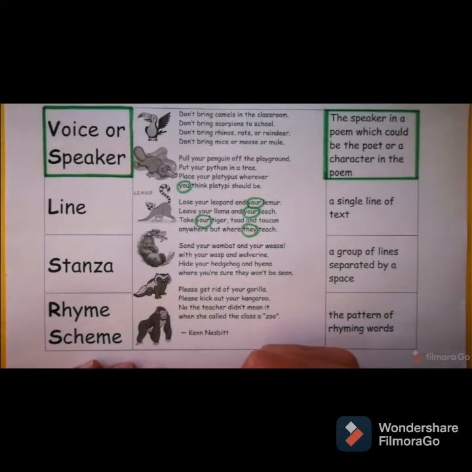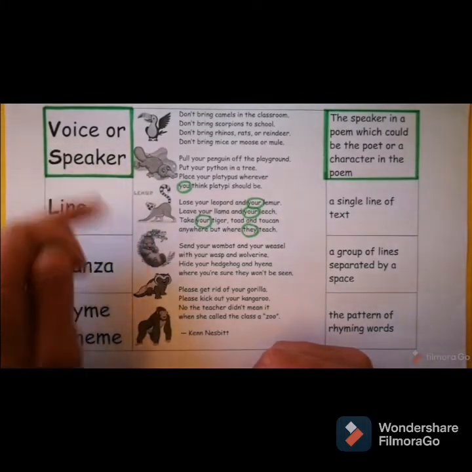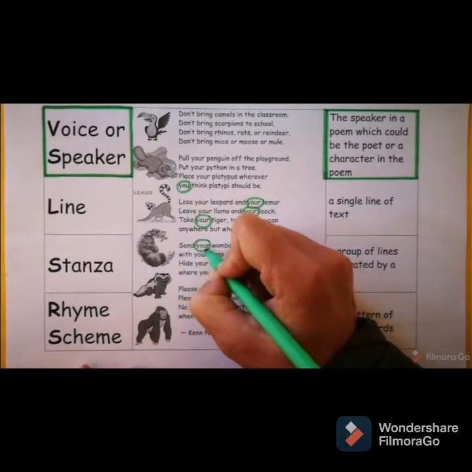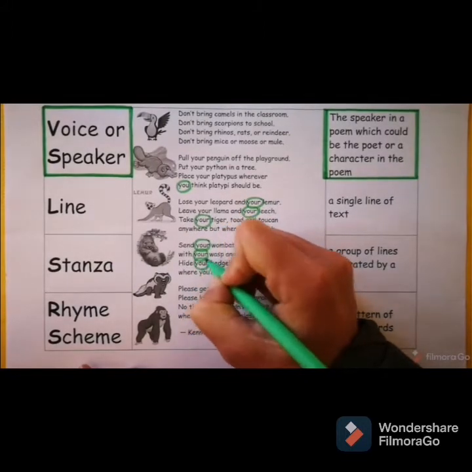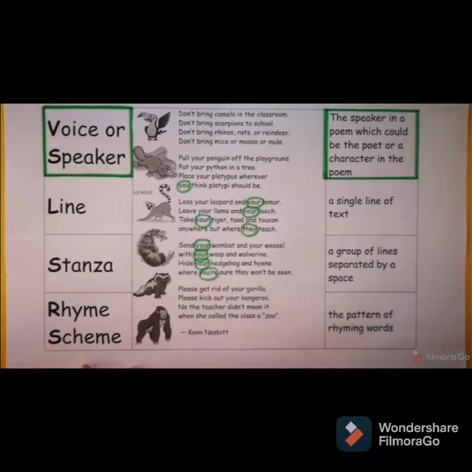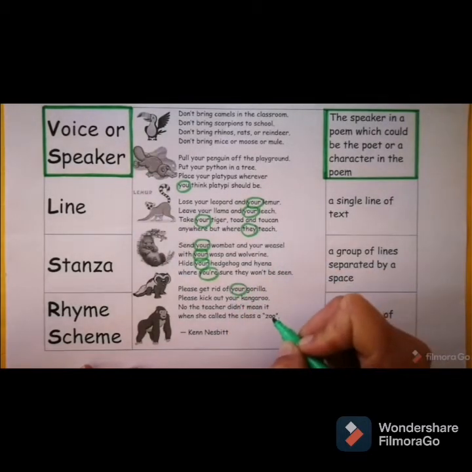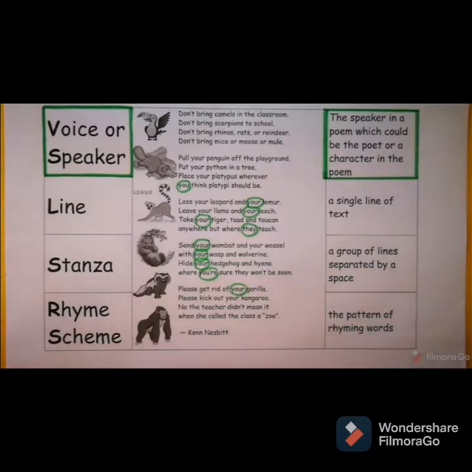So he's giving me these bossy verbs and he's giving me instructions. So in this poem, the speaker is talking to me. Okay, there's another your and a your. Oh, there's lots. He's really giving me quite a bit of advice. And then the last two lines of the poem give me an extra clue.